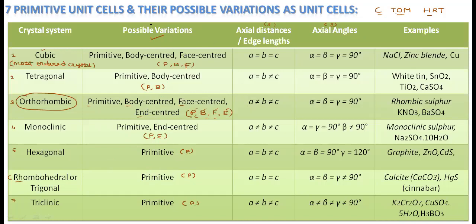So if you remember orthorhombic type, then go with the first one PBF, next PB and PE, followed by all primitive type only.